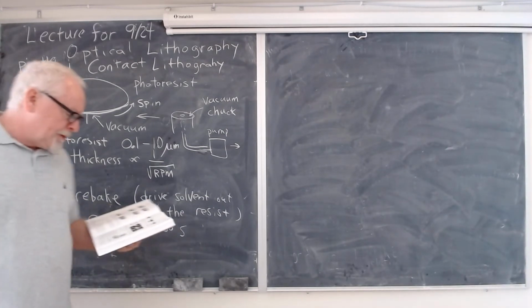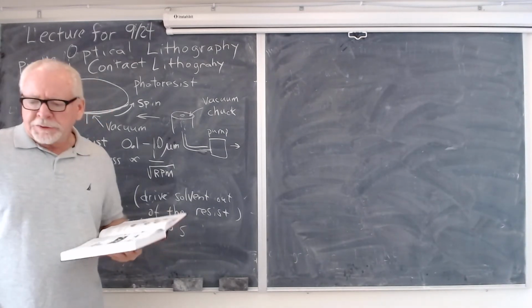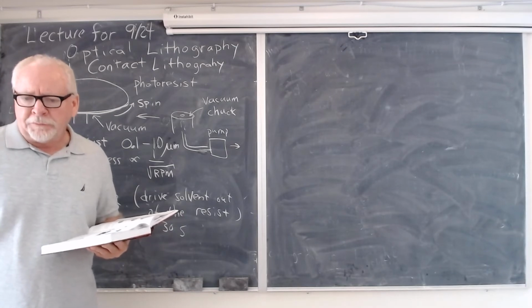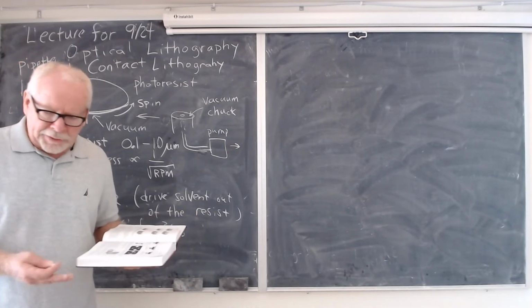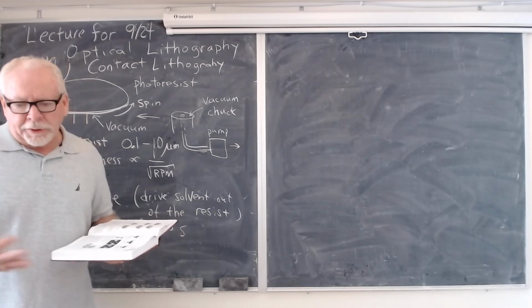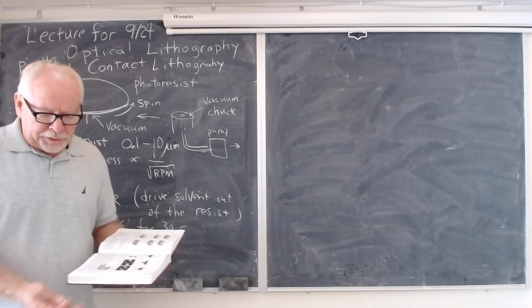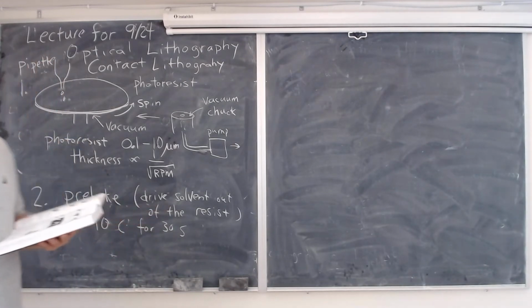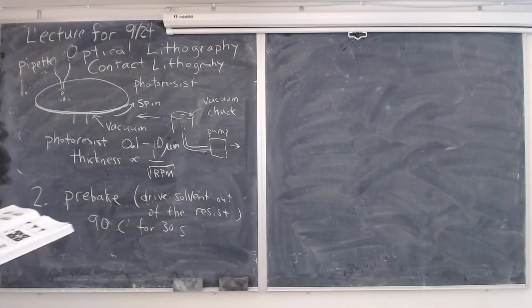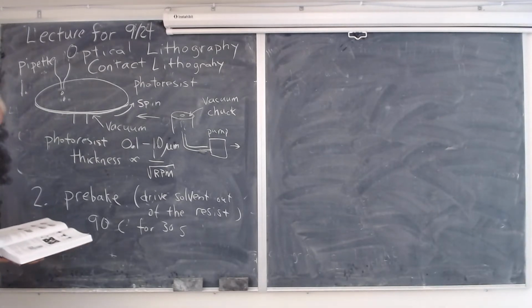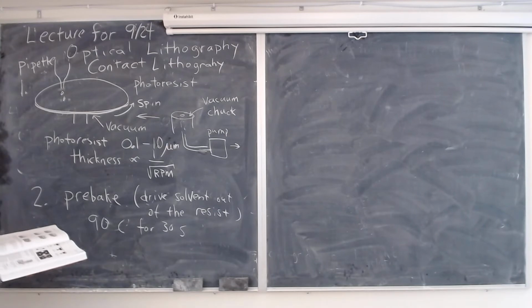In all these bakes, there always is a discussion of hot plates versus ovens. An oven is basically a little box, like an oven, whereas a hot plate is basically a hot surface. I don't want to get into the complications of choosing between ovens and hot plates at this point in time.